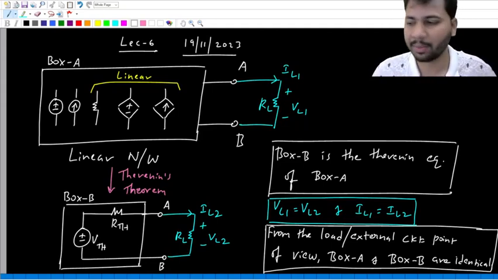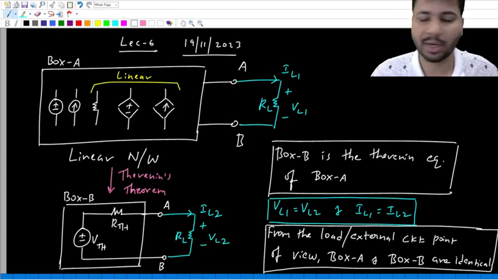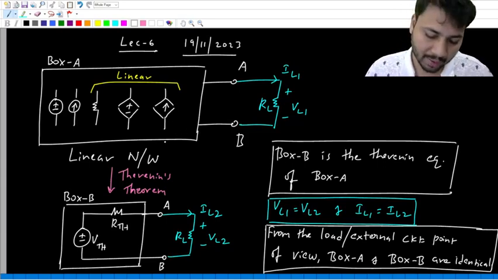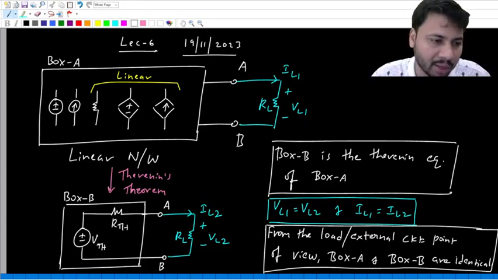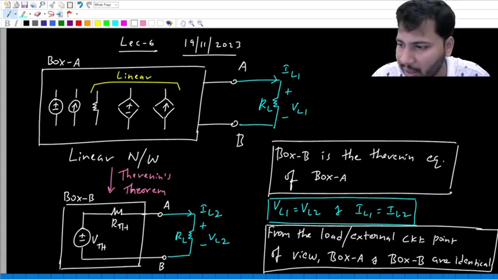Any complex network, as long as it is linear and having only one port, can be replaced with a much simpler network which contains only one voltage source in series with one single resistance, and that voltage source is called VTH, and the resistance is called RTH.